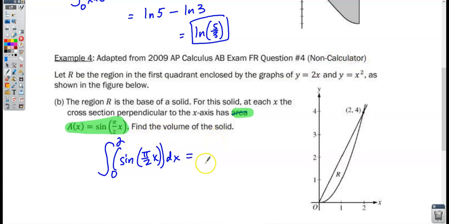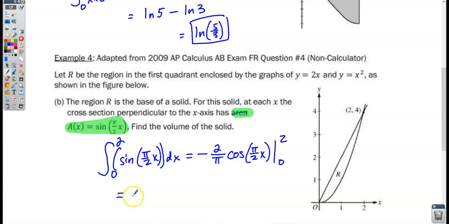The antiderivative of sine of pi over 2 x is going to be negative 2 over pi cosine of pi over 2 x, evaluated from 0 to 2.